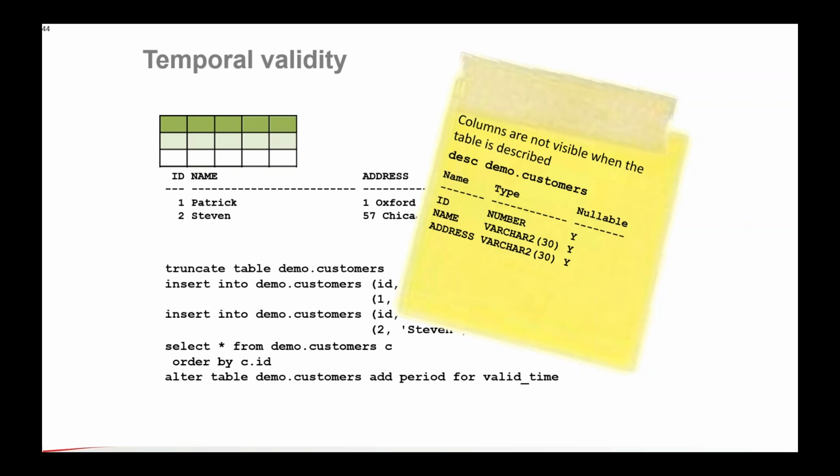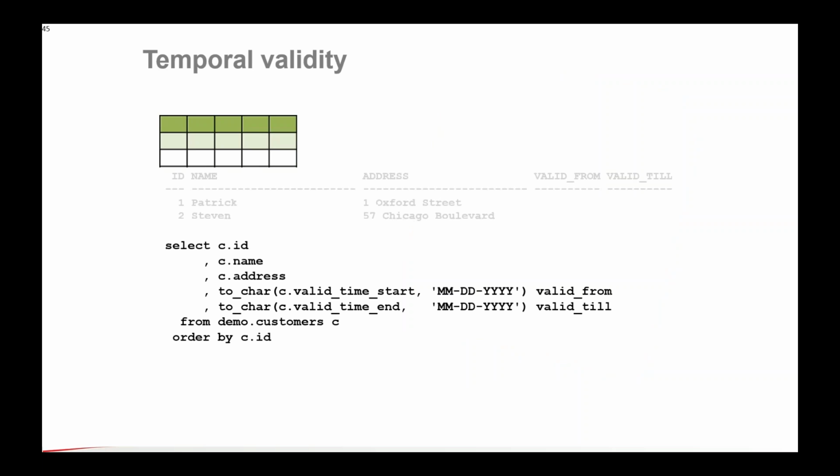So these are the invisible columns that we were talking about earlier. Yeah, but if I change my query and I explicitly ask valid time start and valid time end, it shows me the extra columns over here.